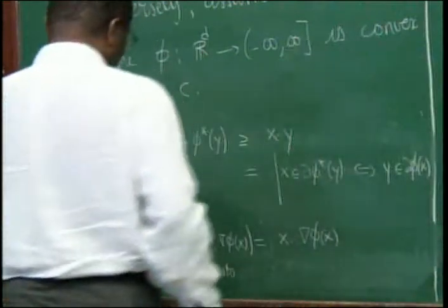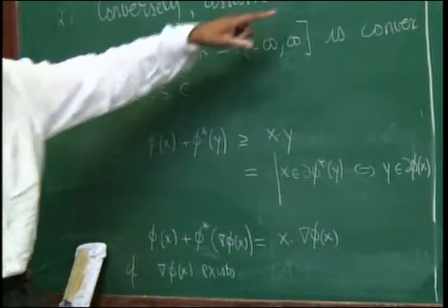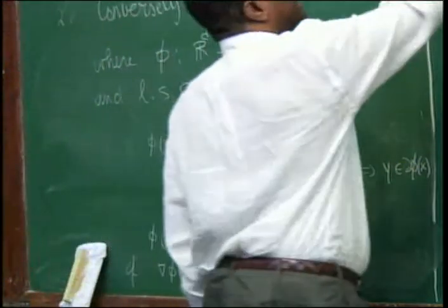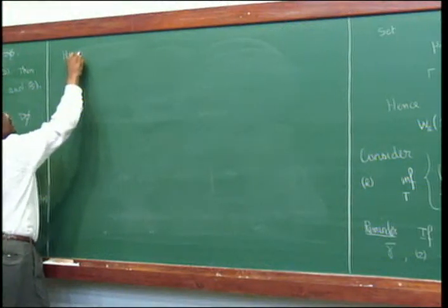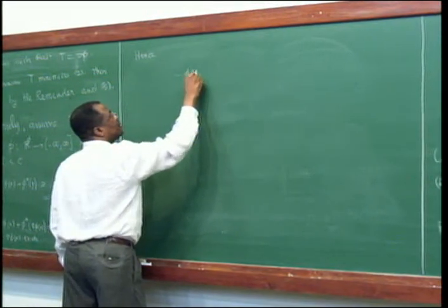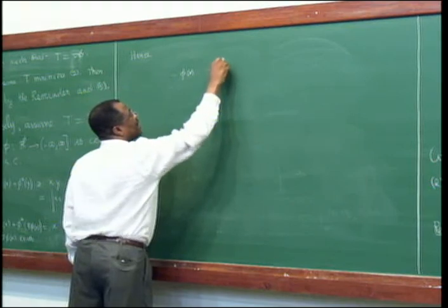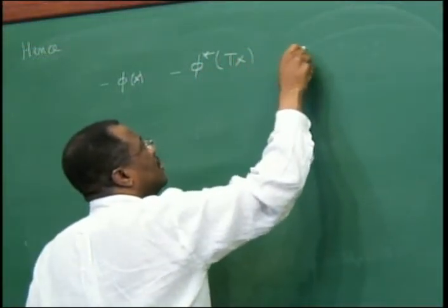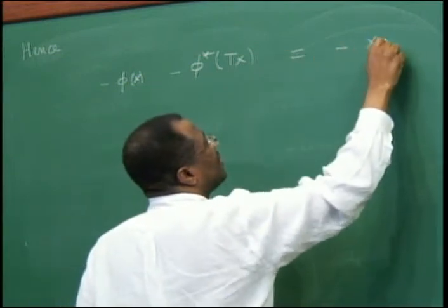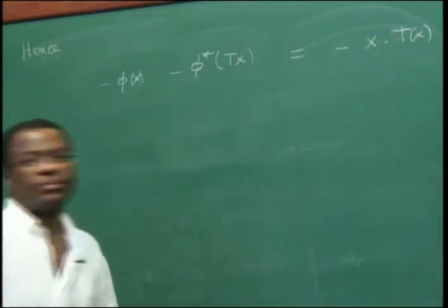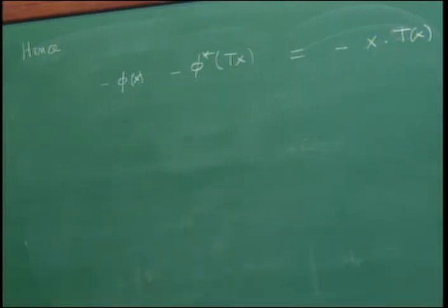So let me write what this means. By assumption, we are assuming that T is the gradient of phi. Hence, negative phi of x minus phi star of T of x equals negative x times T of x. Okay, I just rewrote what is there.